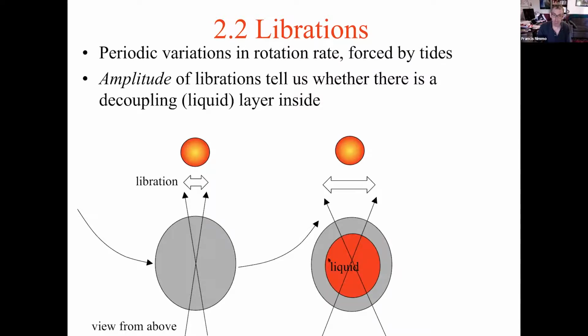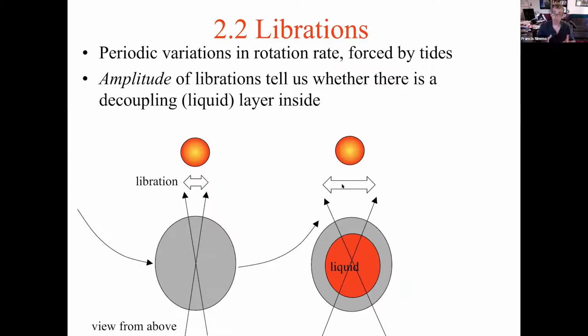But if you have the same object with an ocean or a liquid core on the inside, then the libration amplitude is much larger. And that's just because your torque is being applied to the shell, which has a smaller moment of inertia than the whole body. Same torque, smaller moment of inertia, you get a larger libration amplitude.